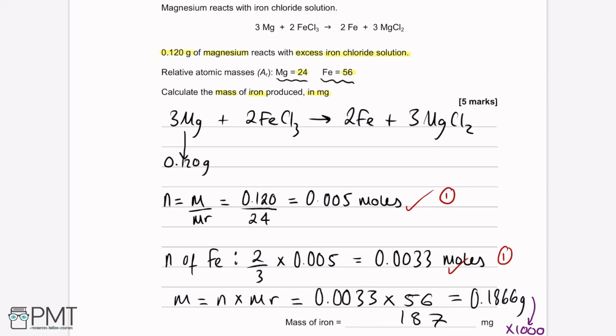The third mark comes from doing this calculation. So rearranging to say that mass is moles times Mr and doing 0.0033 times 56. The fourth mark comes from seeing an answer in grams. And then the final mark is for the conversion to milligrams.